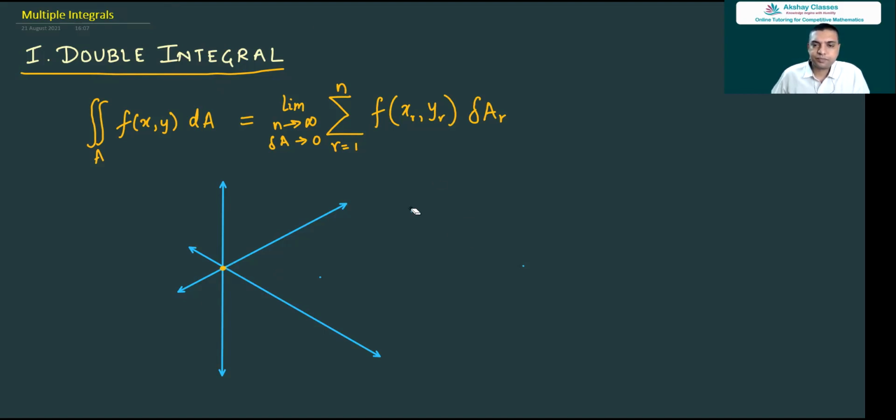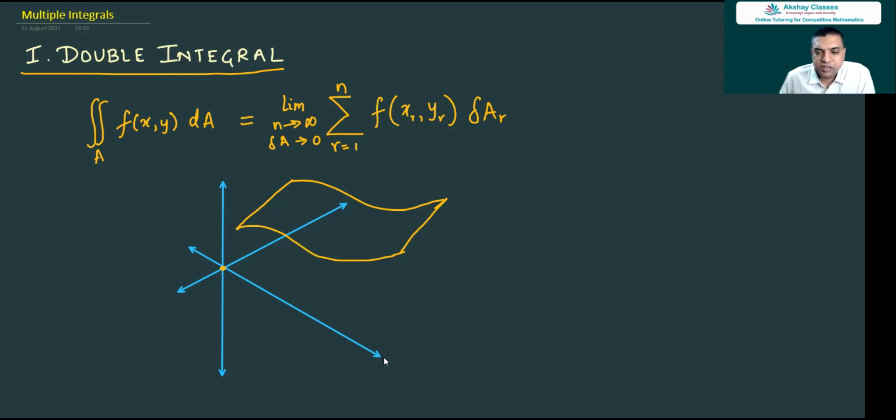Now a function of several variables forms a surface. Say a surface like this, let us say this is a surface.